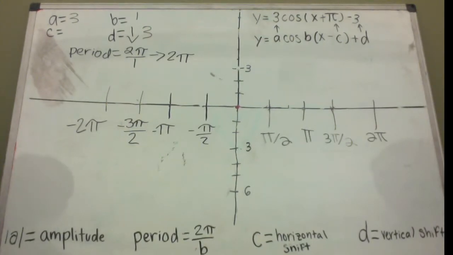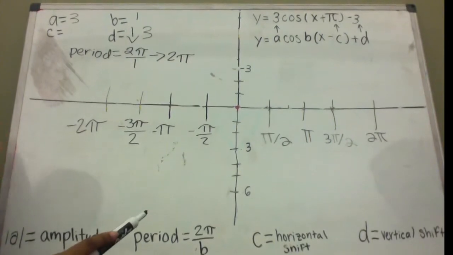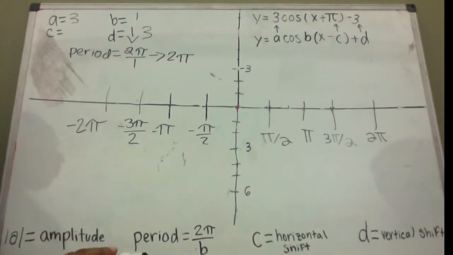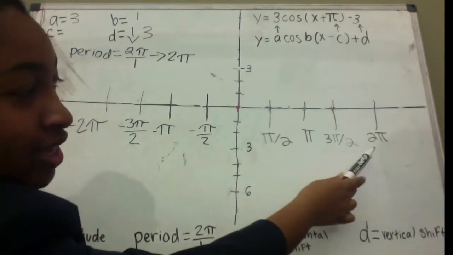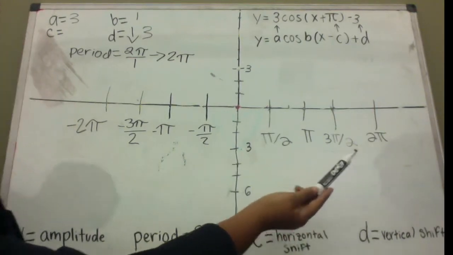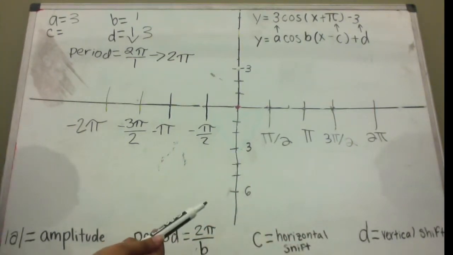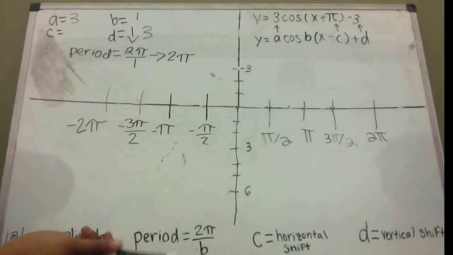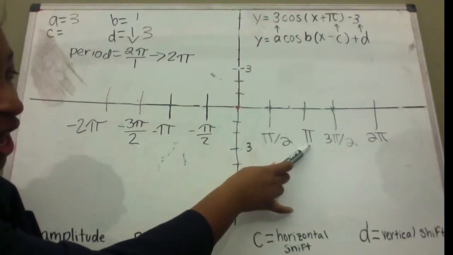So once you find the period, which in this case is 2 pi, you want to label the period according to your graph. So in order to do that, you need to split your graph up into 4 equal parts. You start over here on the end by putting the whole period, which is 2 pi. You'd split that period, the whole period, in half when you get pi.